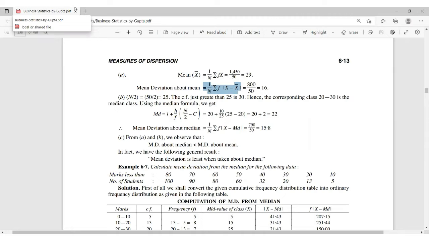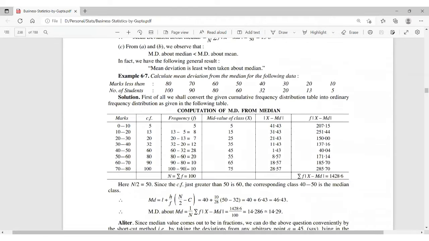This is the mean deviation from the mean. If we want the mean deviation from the median, we use the median instead of x bar. If from the mode, we use the mode. If nothing is mentioned, we always use the median.